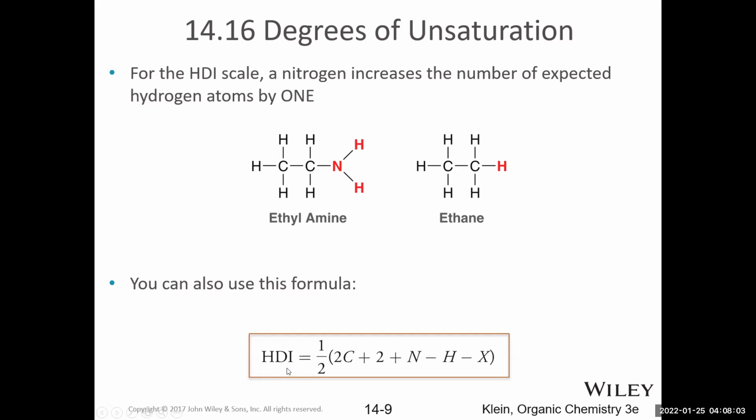The hydrogen deficiency index is equal to 1/2 (2 times the number of carbons plus 2, plus the number of nitrogens, minus the number of hydrogens, and minus the number of halogens). The HDI calculation will give you an answer of 0 or a positive integer, such as 1, 2, 3, 4, etc. If you get a fraction or a negative number, you did not calculate it correctly.